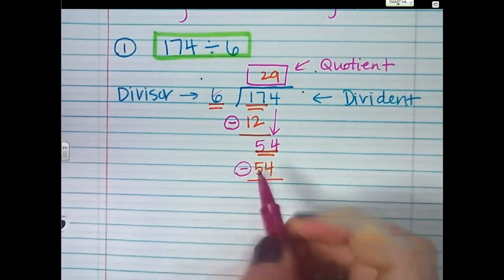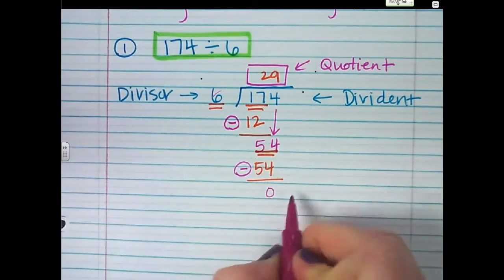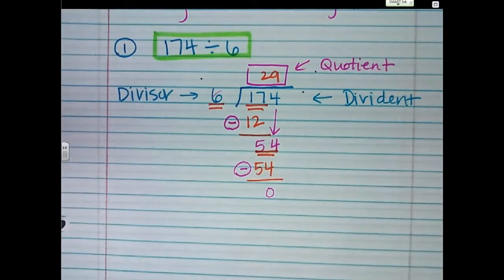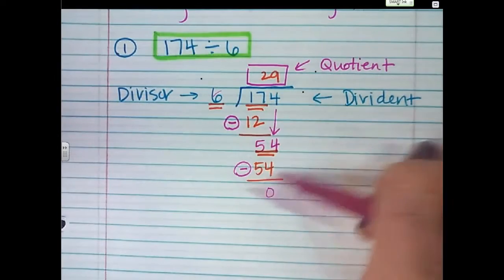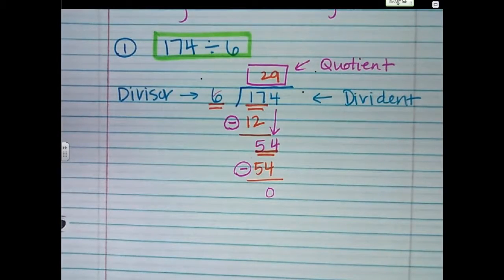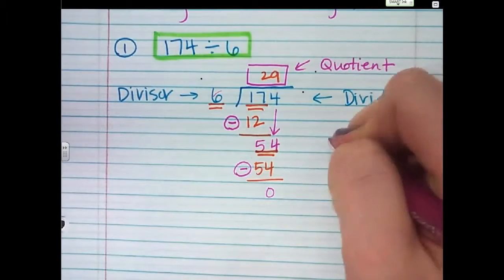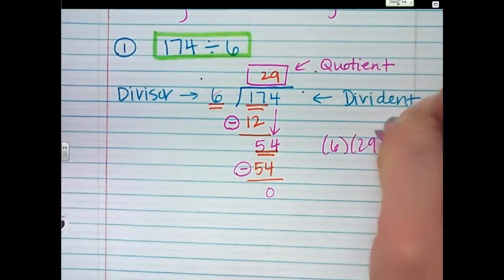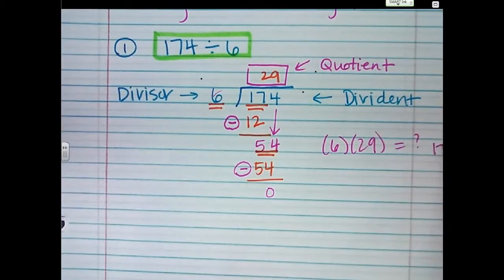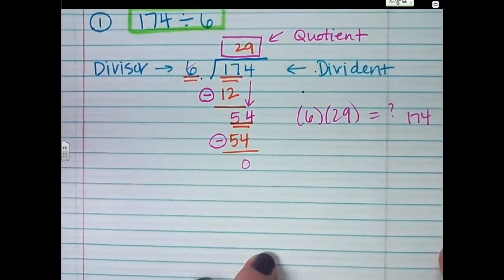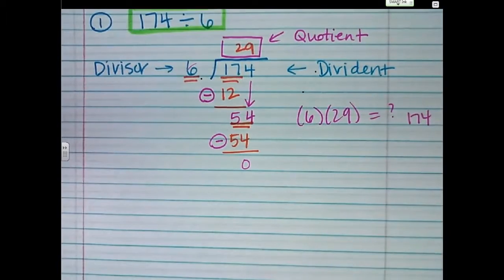Subtract, and I get 0. So my remainder is 0. So then my answer is just 29. Could I check this? Yes. What do I do? Right, just multiply 6 times 29. Does that equal 174? So you technically could check your answers today also. It just obviously is a little more work.